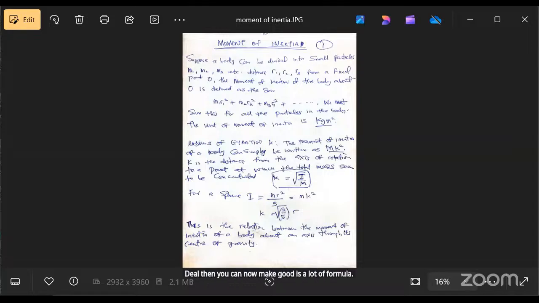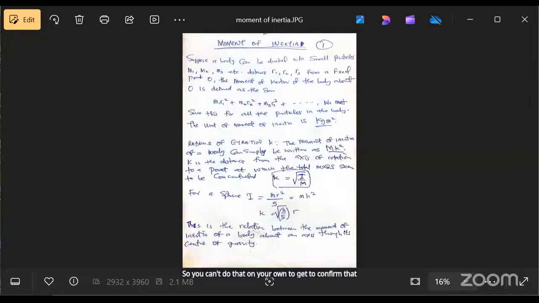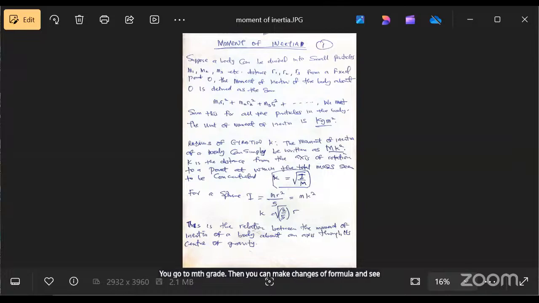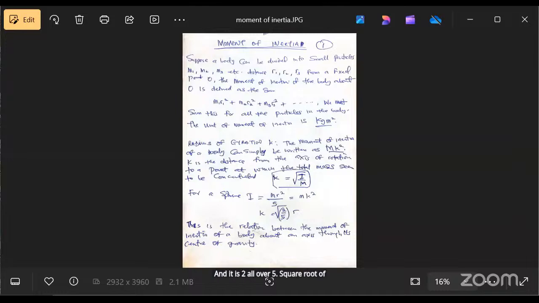Then you have the expression for radius of gyration for a sphere: K equals the square root of 2 all over 5 multiplied by R. You can do that on your own to confirm that answer. Once you equate 2MR squared all over 5 to M K squared, you can make K the subject of the formula and see that we have that expression.